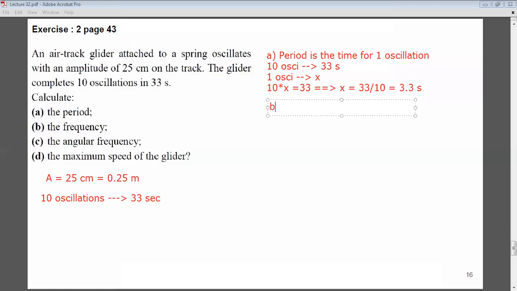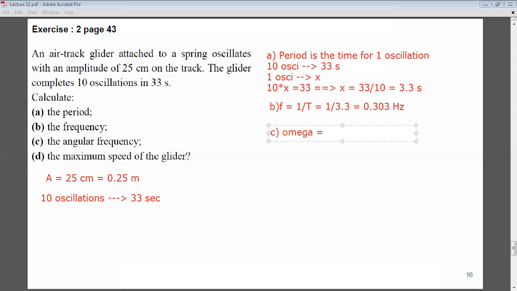Part B, the frequency. Frequency is equal to 1 over T, which is 1 over 3.3, and this is equal to 0.303 hertz. Part C, the angular frequency, omega.